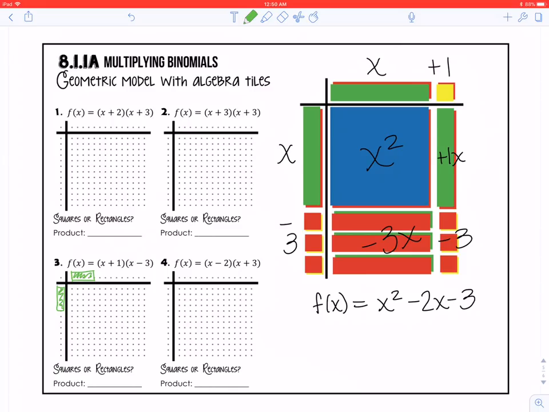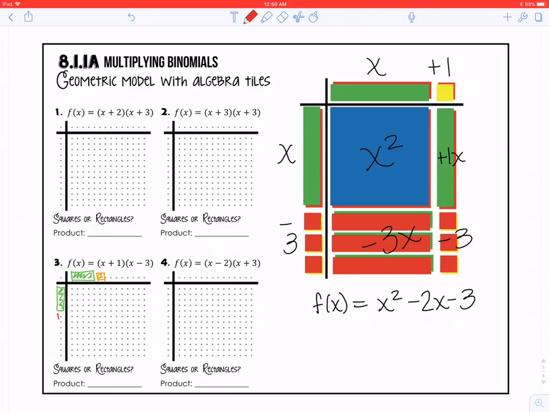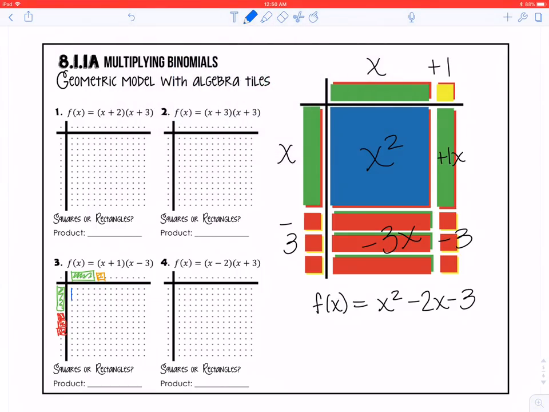And then just one space for my itty bitty squares. So a positive 1, and then I had my negative 1s all lined up. Now, it doesn't have to be a work of art. I'll have my 4 by 4 for my x squared piece.